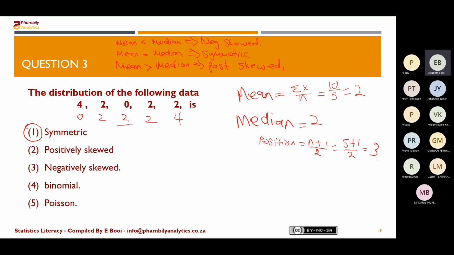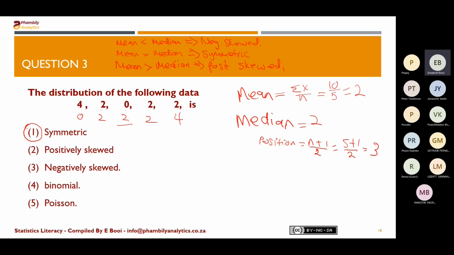So you see how you can answer the question. Sometimes the questions might be as complex as this, or they can be as straightforward. This is one of the complex questions, because if you don't know how to find whether this data is symmetric or skewed, you will scratch your head and panic.